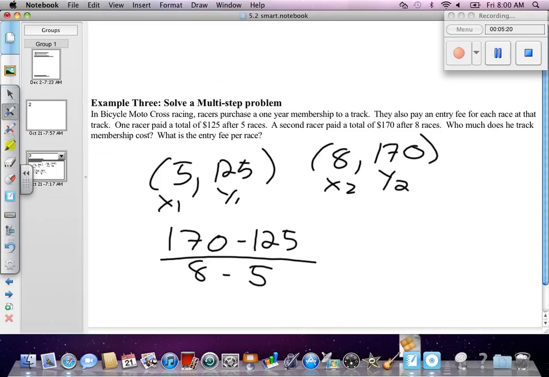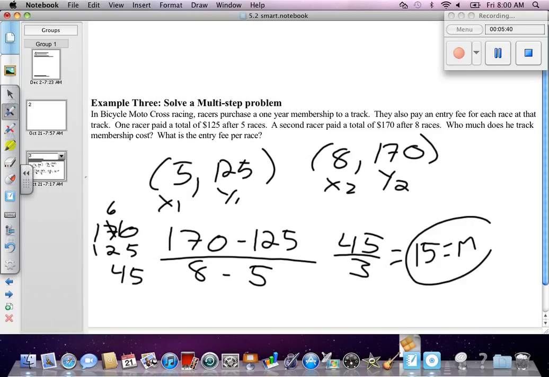So 170 minus 125 is 45. And 8 minus 5 is 3. How many times does 3 go into 45? 15. So that's our m, 15.